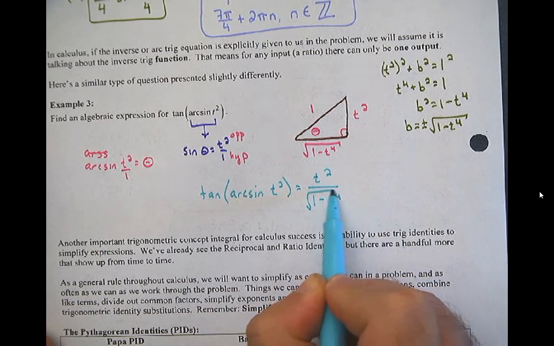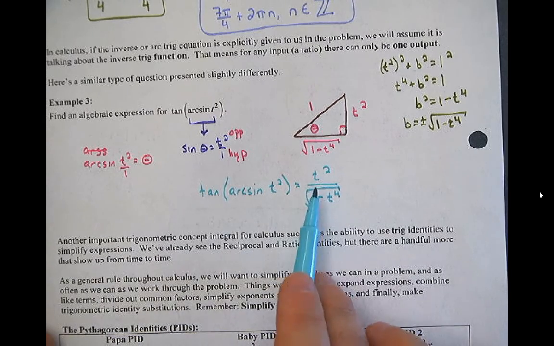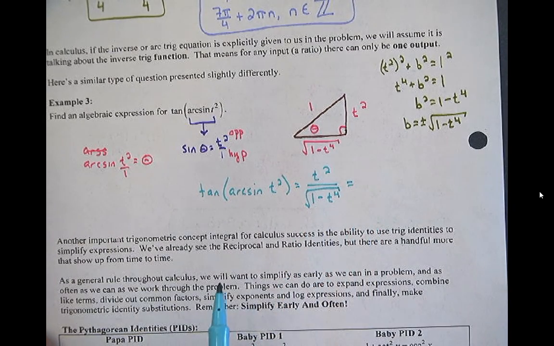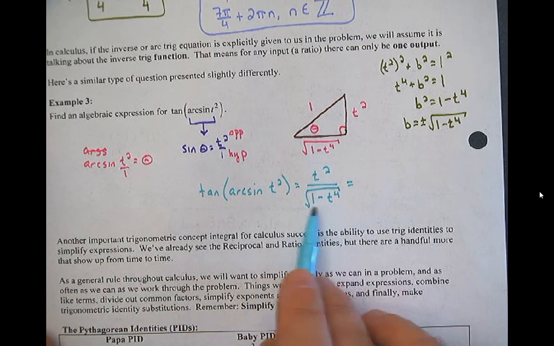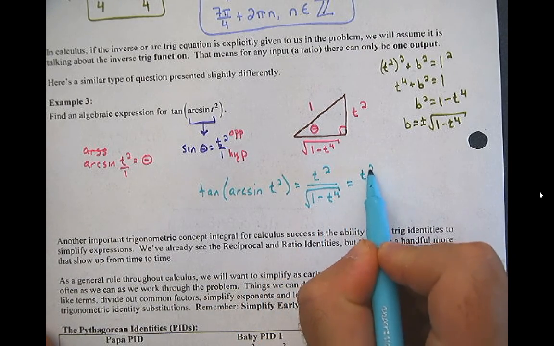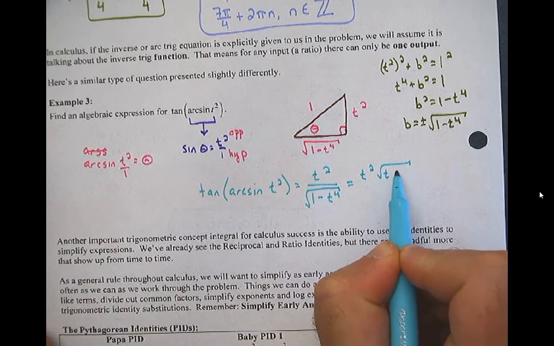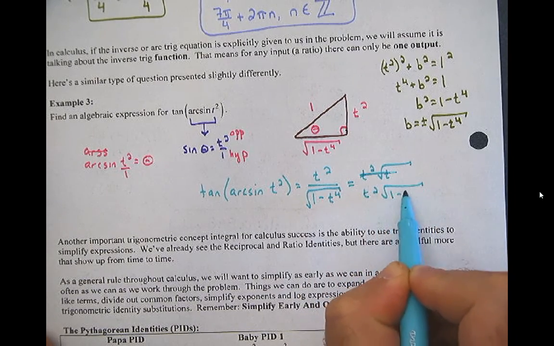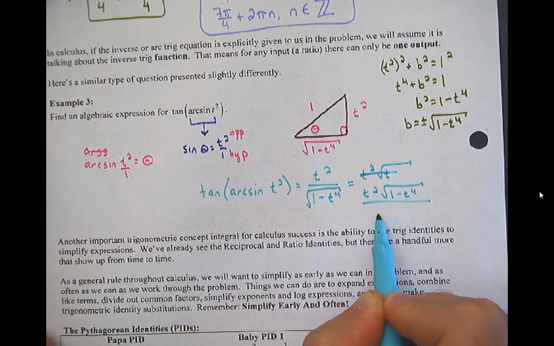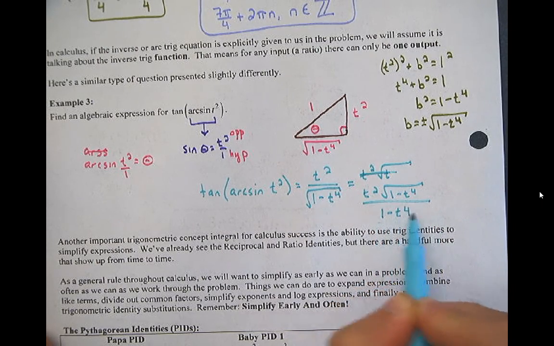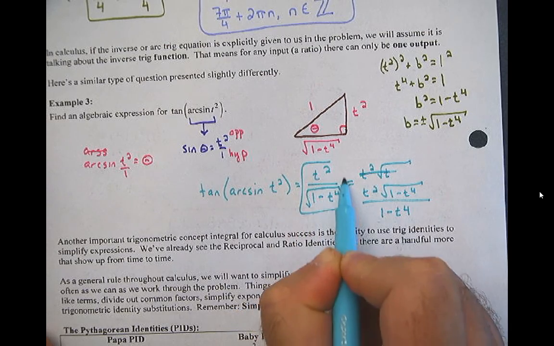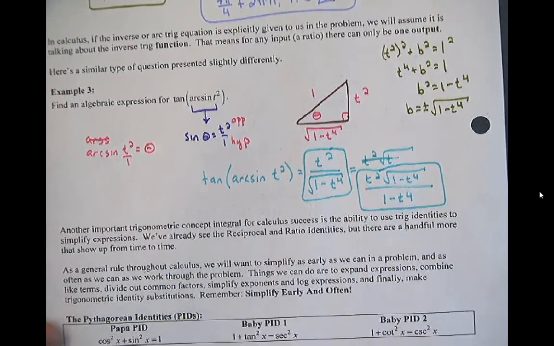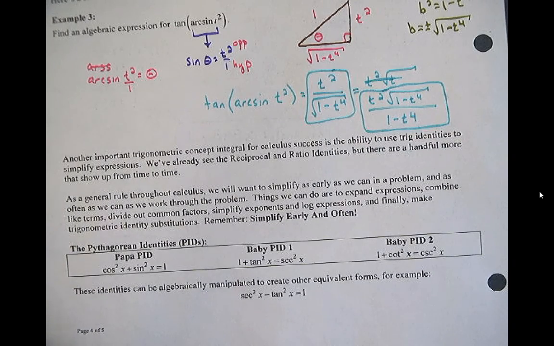And if this is a free response, you would stop here, don't clean it up. If it was a multiple choice, they would rationalize this, so they'd get the root off the bottom. So they'd multiply the top by the square root of 1 minus t to the fourth over the square root of 1 minus t to the fourth. Either one of those would be acceptable solutions, depending on which form you're looking for.